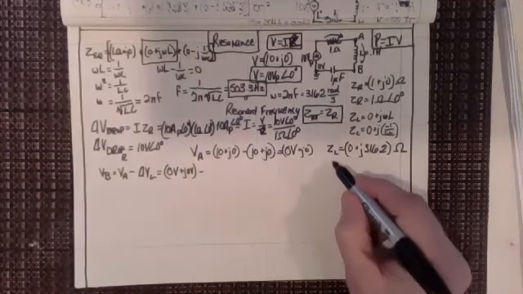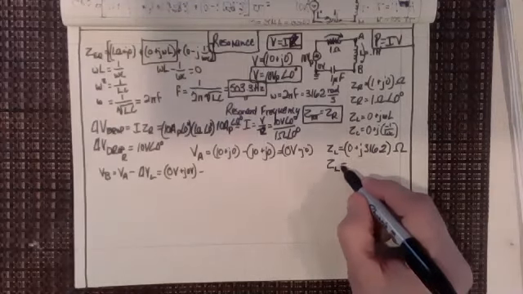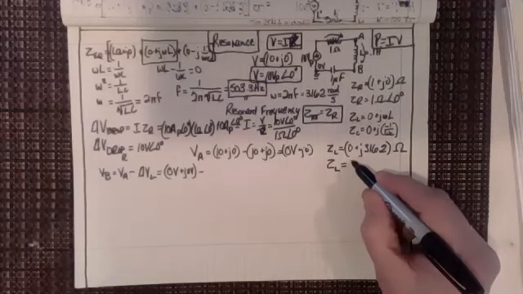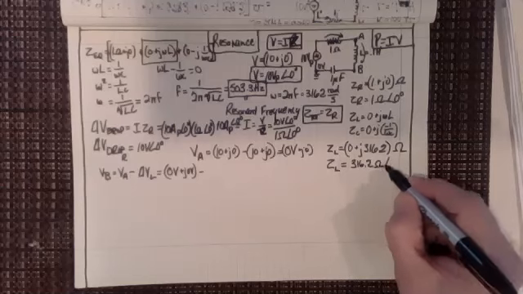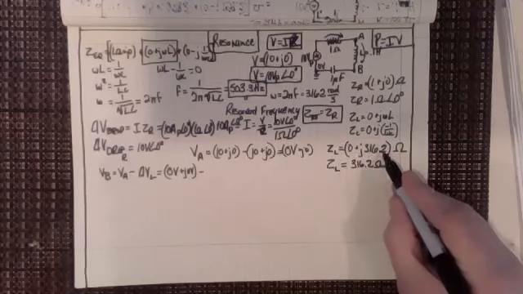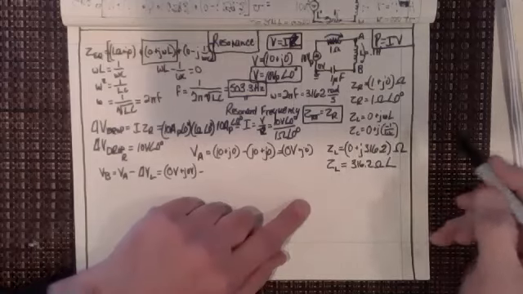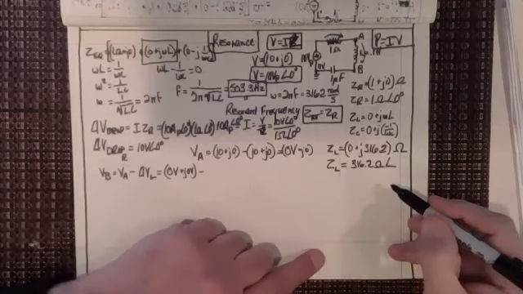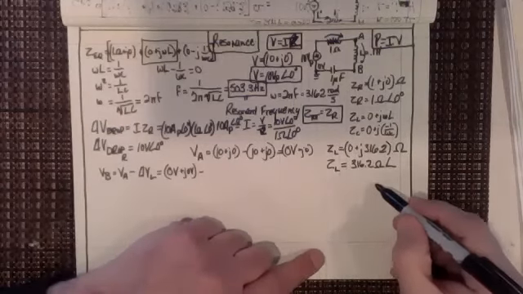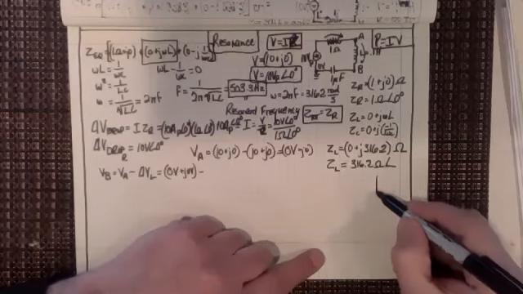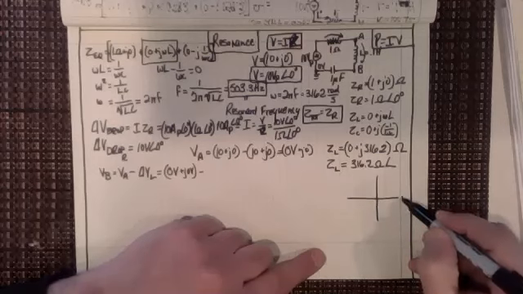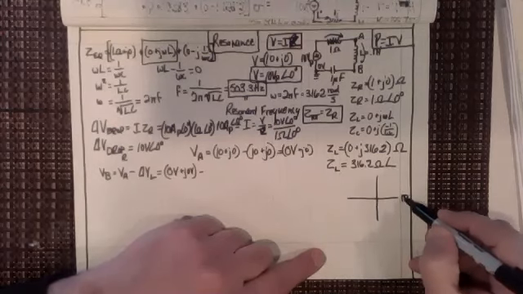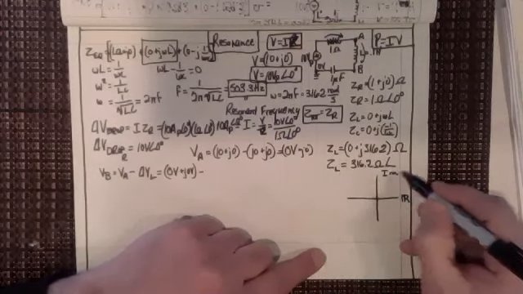316.2. I could write that in its phasor form as well, couldn't I? I could say that that's 316.2 ohms at an angle of, now look at it, do I have to draw the complex plane again? I can. Here's the complex plane with the reals and the imaginary.